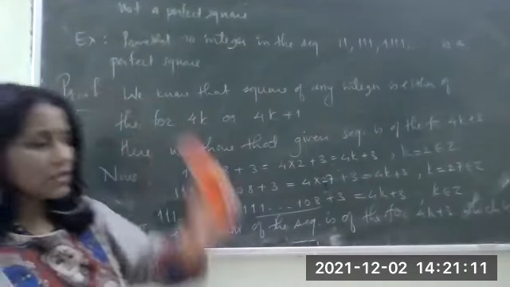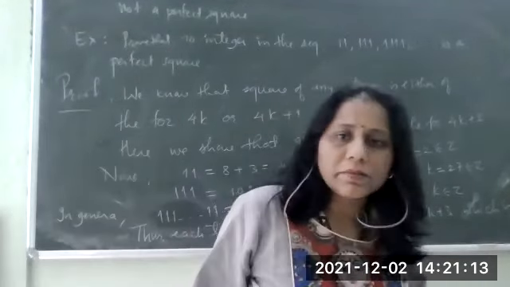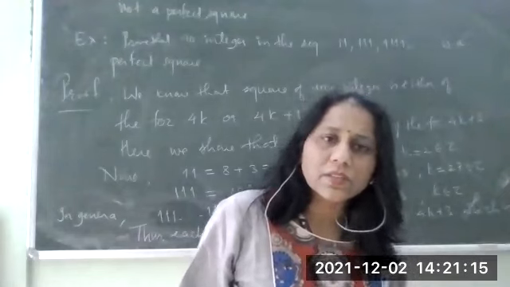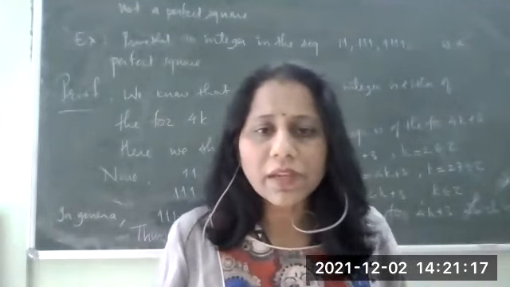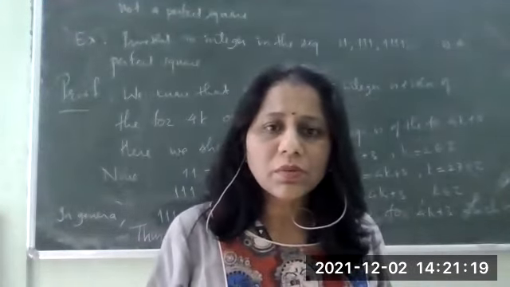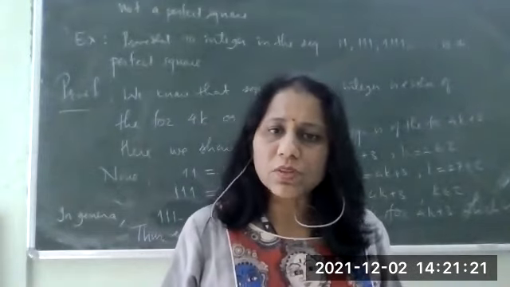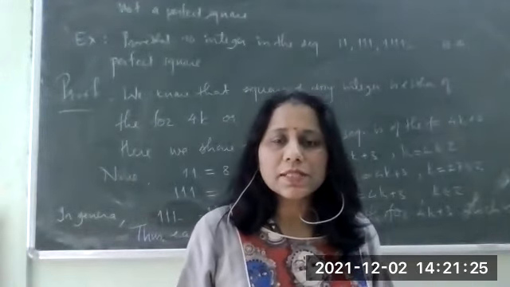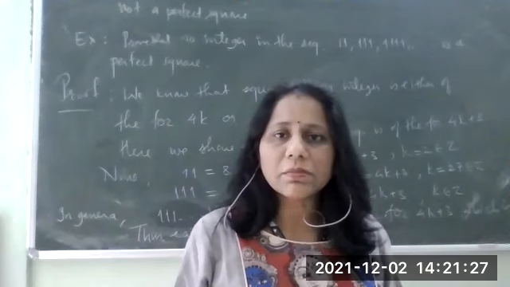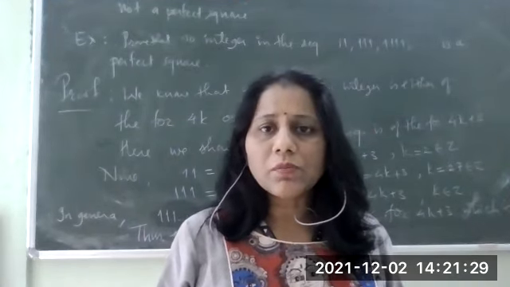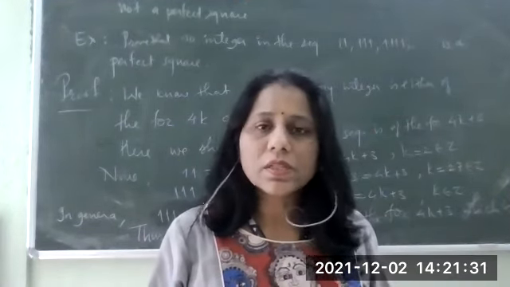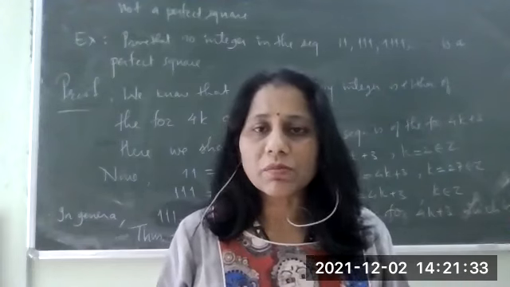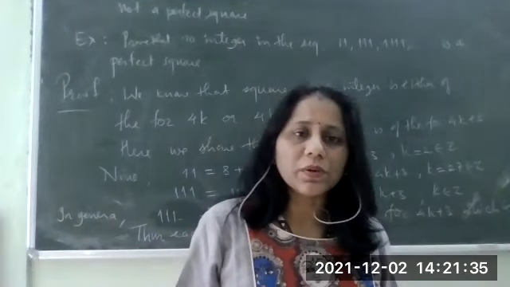Now to prove this, we are using again the result which we proved in the last lecture, that the square of any integer is either of the form 4k or 4k + 1. Here we are simply going to prove that the terms of the sequence are of the form 4k + 3.